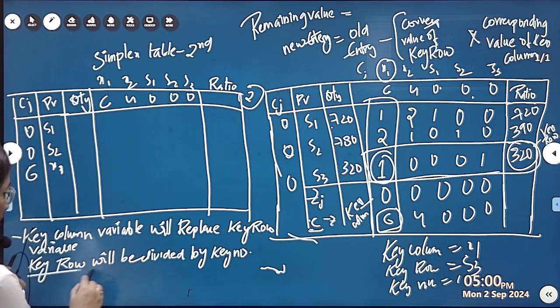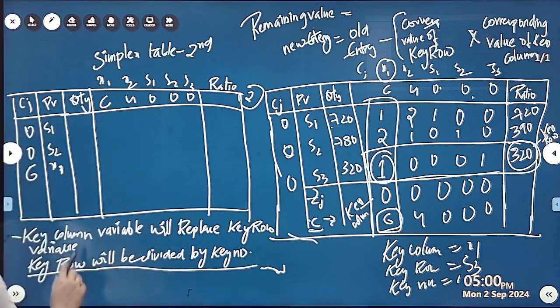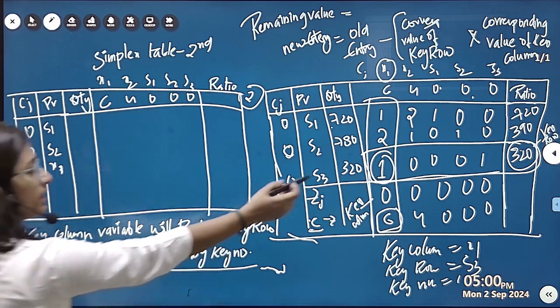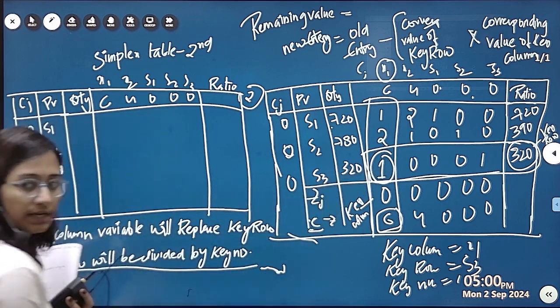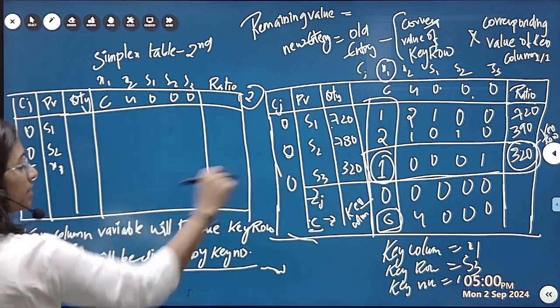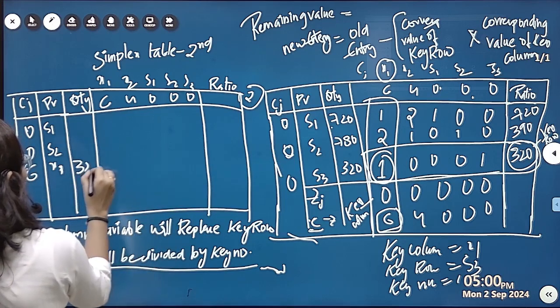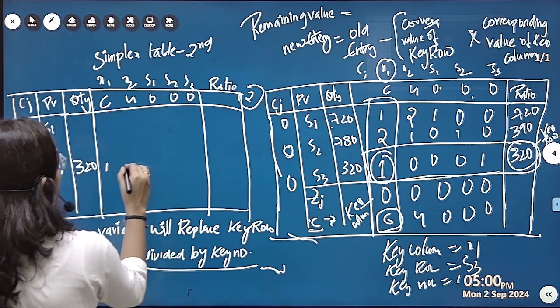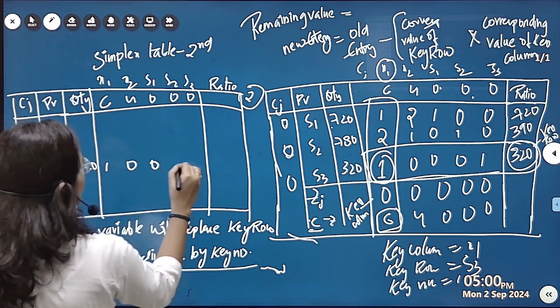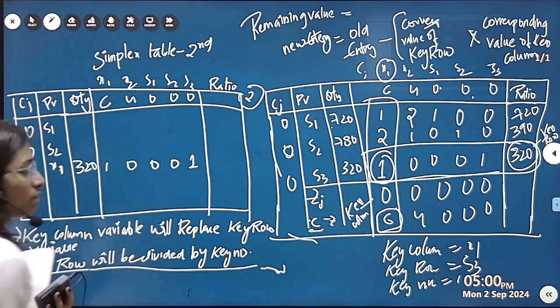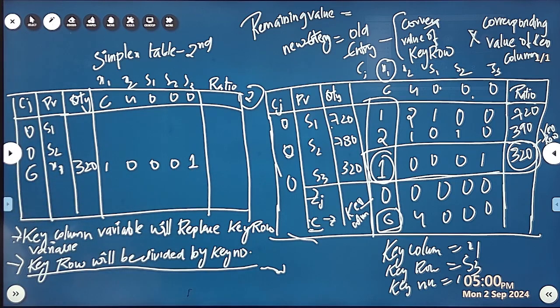Look here, first we need to replace the key column variable with key row. We have done it. So next step, key row will be divided by the key number. So what is the key row here? S3 is the key row, right? So it will be divided by 1, means you will get again those numbers only, 1 0 0 0 and 1. Okay, clear?